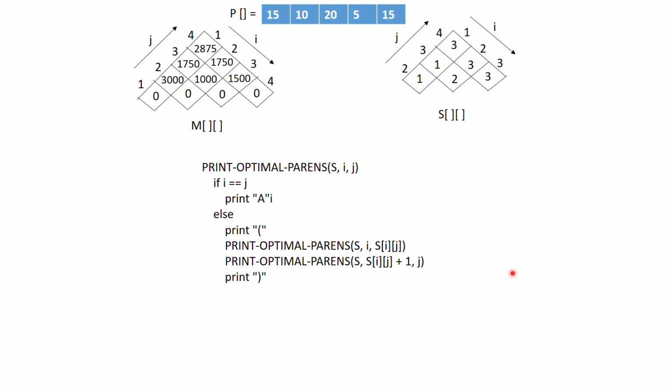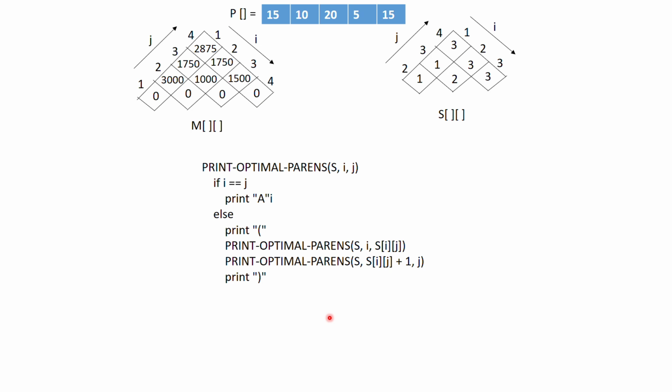One more thing I want you to know is after printing the opening parenthesis, it executes the next line, print optimal parens s of i j, but the next two lines are put on pause, this one and this one, because a computer uses a recursion stack to remember what it was doing. It pushes this pending instruction into the stack so it does not forget to execute it later.